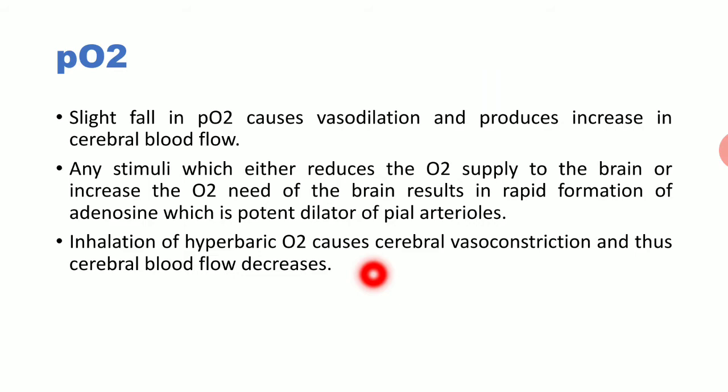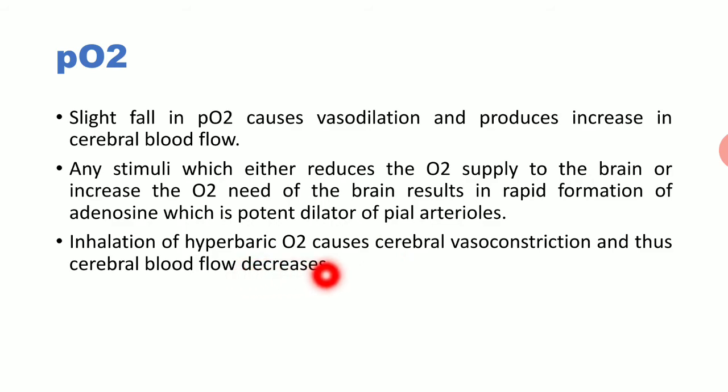Now, partial pressure of oxygen. A slight fall in partial pressure of oxygen causes vasodilatation and produces an increase in cerebral blood flow. Any stimulus which either reduces oxygen supply to the brain or increases oxygen need of the brain results in rapid formation of adenosine, which is a potent dilator of pial arterioles.